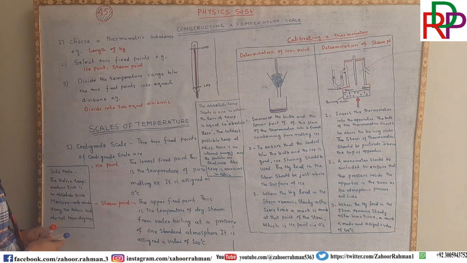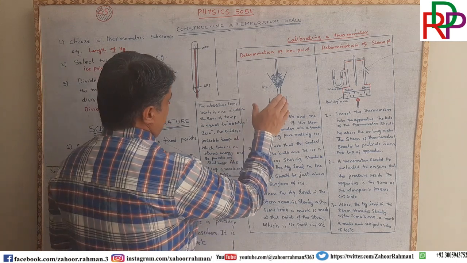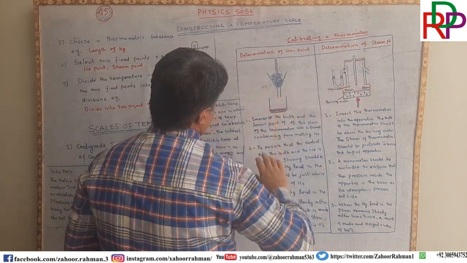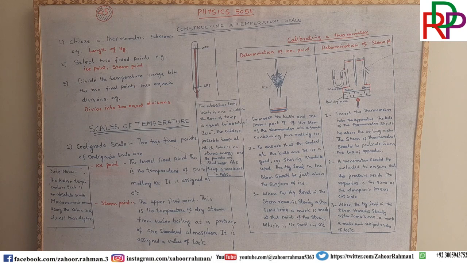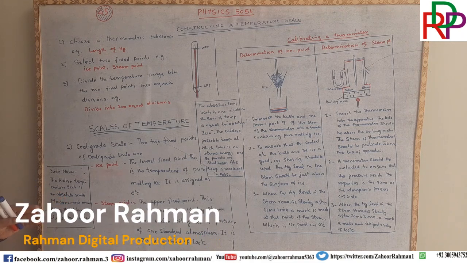Now how we will select these lower and upper fixed points, we will discuss in this experiment. Whenever you are selecting these points, keep in mind that the two fixed points are the ice point, which is also called the freezing point, which is the lower fixed point at the standard atmospheric pressure.